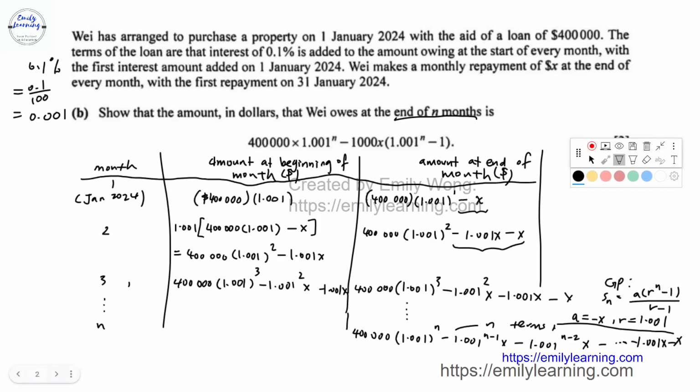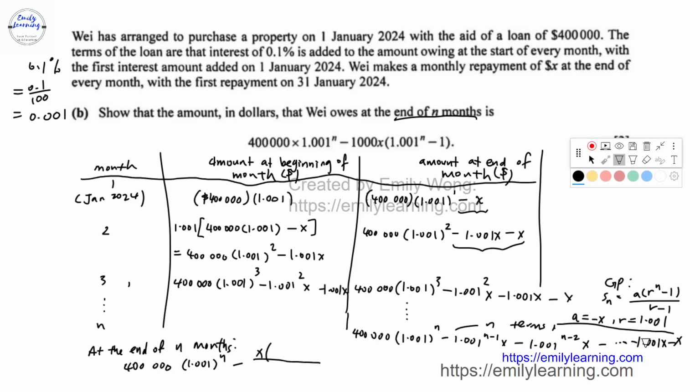So at the end of n months, the amount will be this, which is equal to 400,000 times 1.001 to the n. Okay, and then I'm going to sum up this GP. So this GP has a first term of negative x. So I put my minus here already, so my x is here.